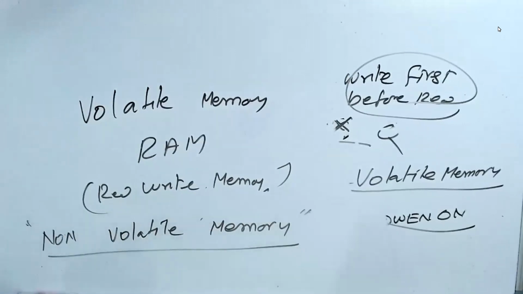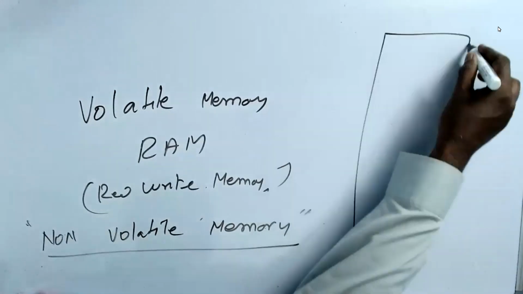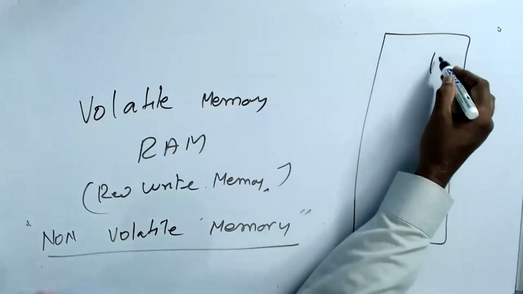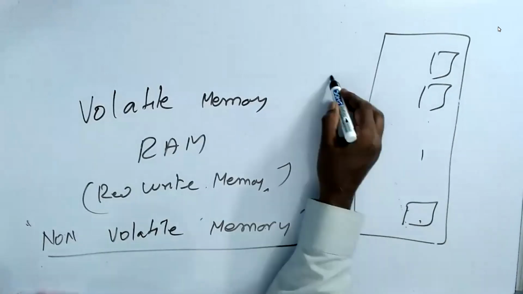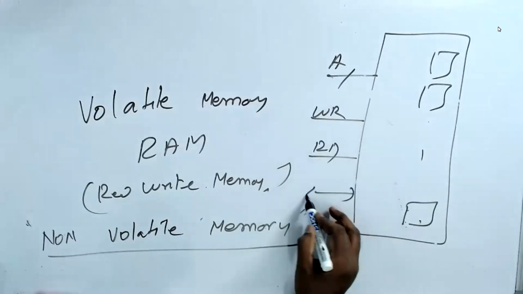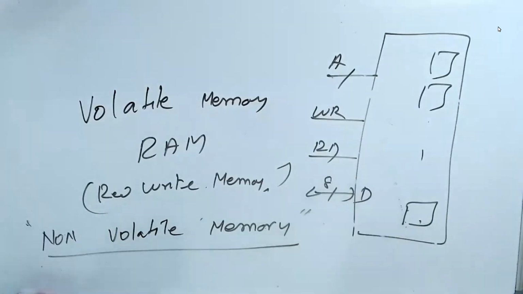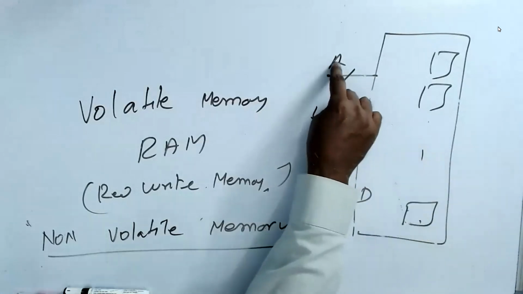So please understand, your RAM is nothing but D flip-flops, which have so many internal memories. And you have address, write, read, and data. That's it. Wherever I draw a RAM, it has an address to select the location.